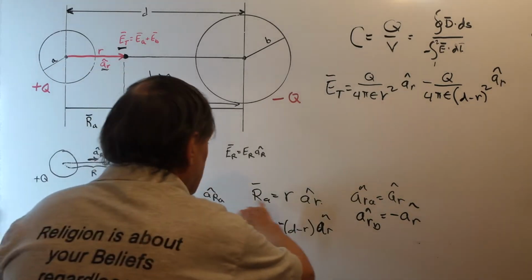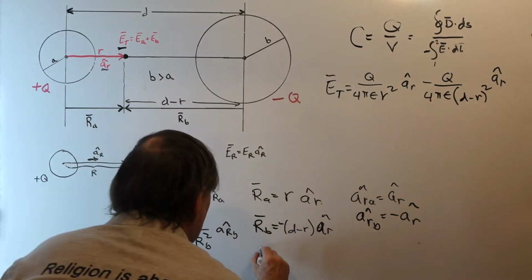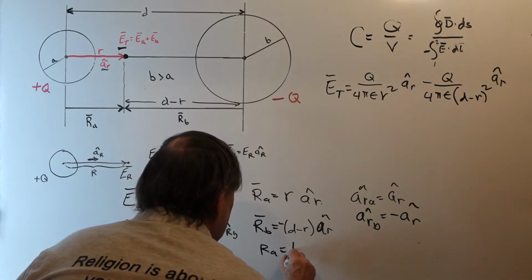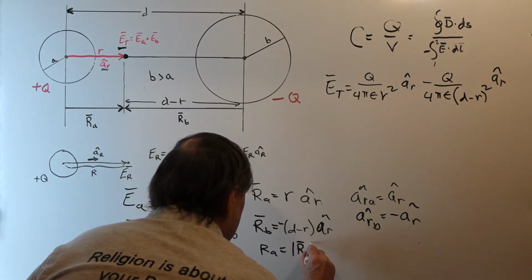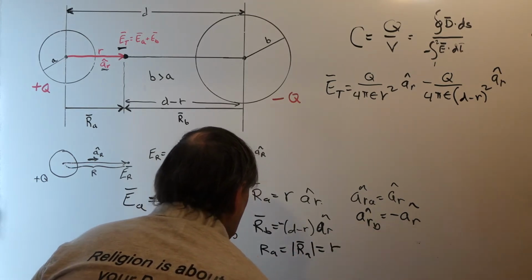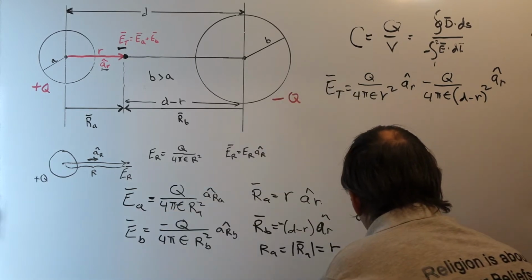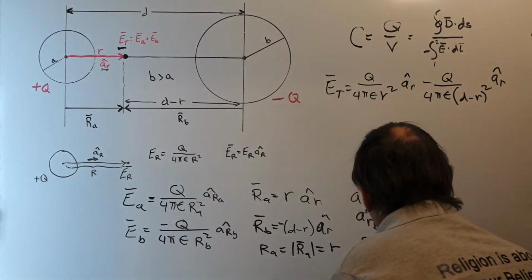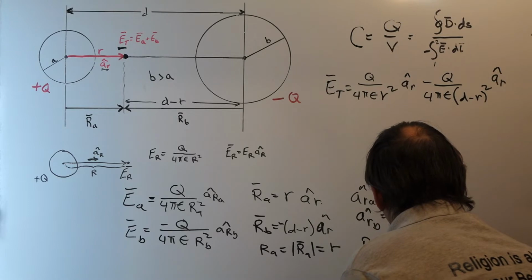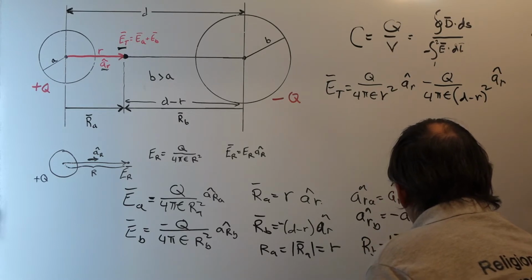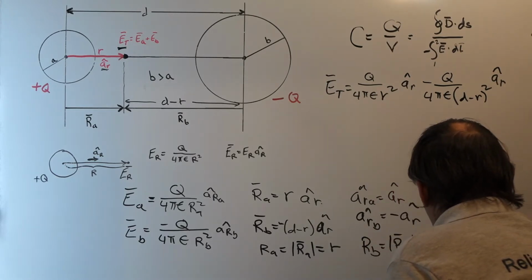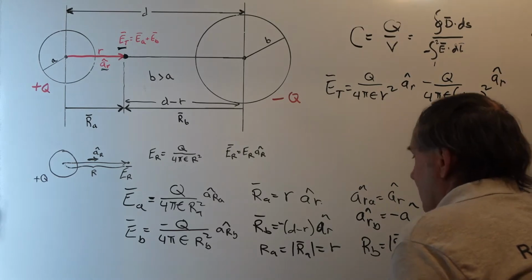Just for completeness, R sub A is the magnitude of the vector R sub A, which is r, and R sub B is the magnitude of the radial vector RB, which is d minus r.